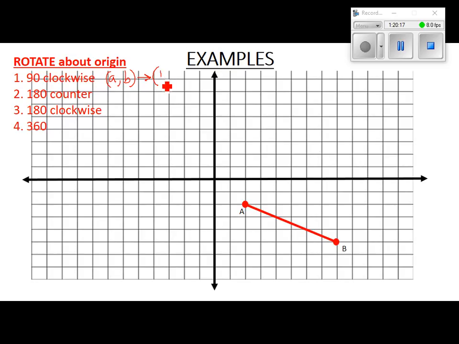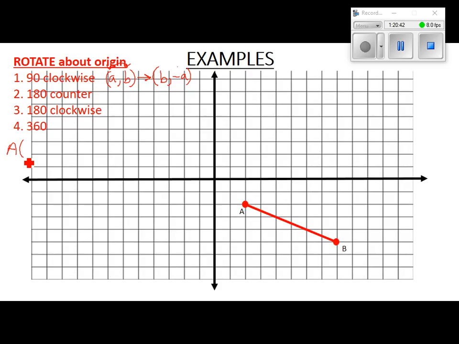And it switches it to B, and then the opposite of A. So you switch the two around, and then you take the second one and make it the opposite of what it was. As we go through this, I'm going to write down over here A this time, because we're going to need this for all four of these.